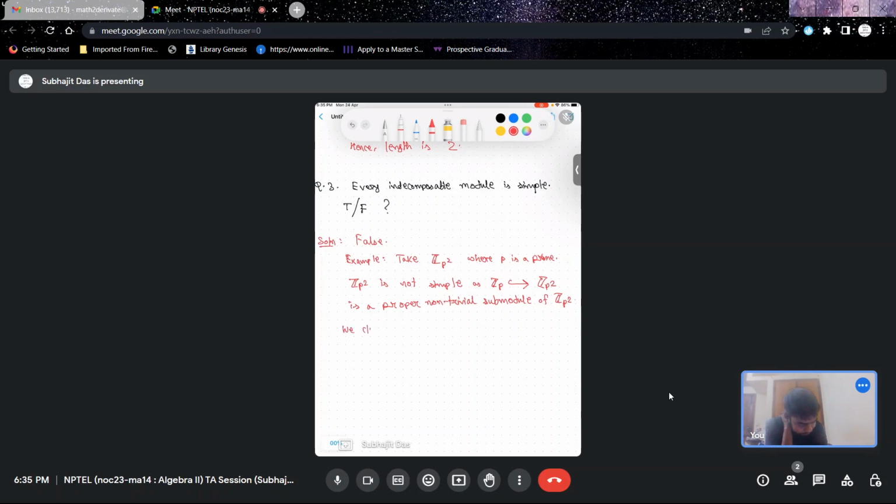We claim that Zp square is indecomposable as a Z module.